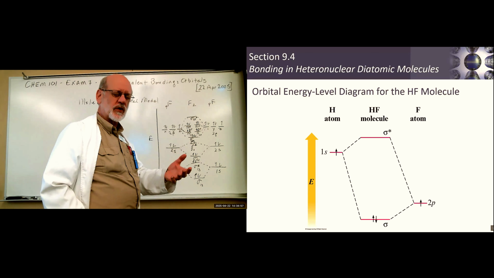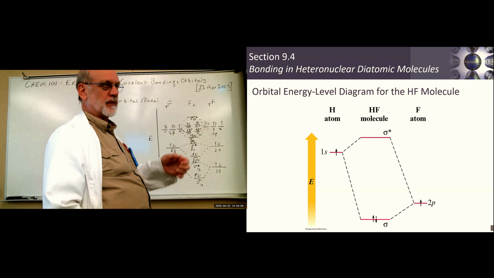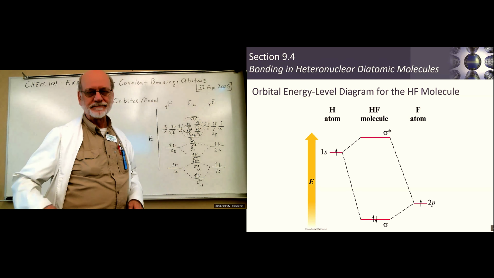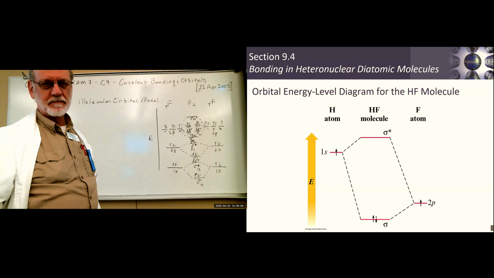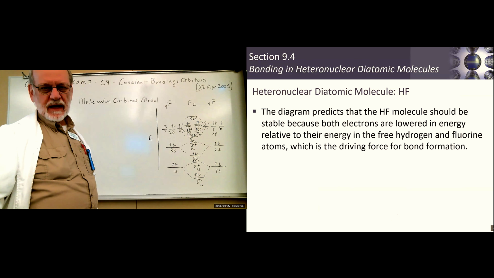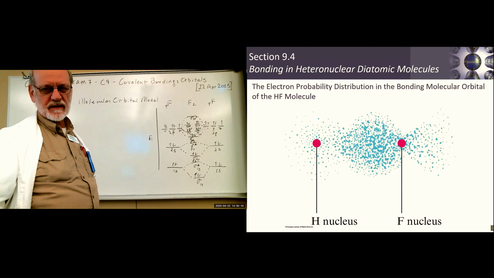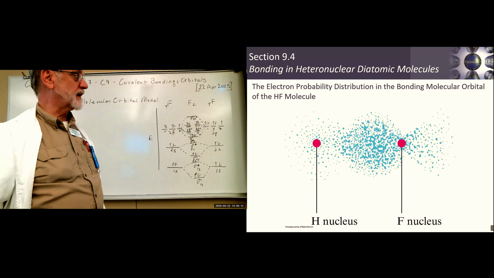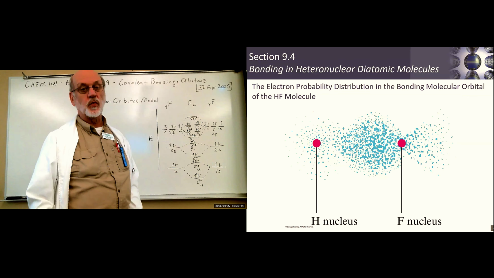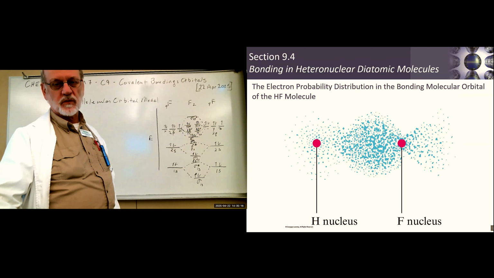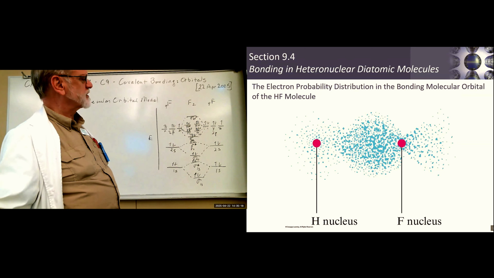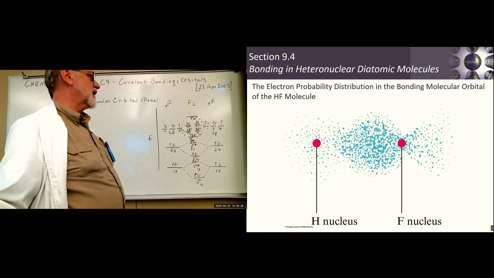So that is also a clue that this is probably a very polar bond. And if we do the calculation, we find that the bond order is 1, which is what we should expect. And this is an artist's idea of, how are the electrons distributed?